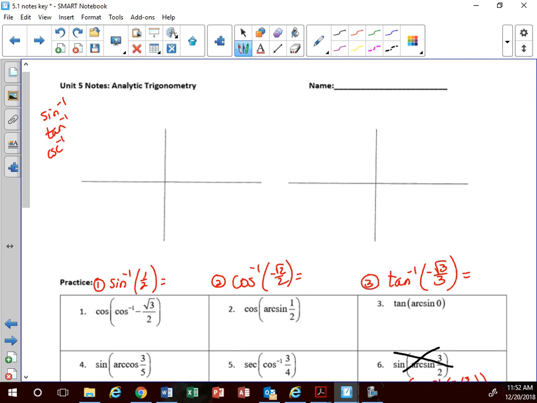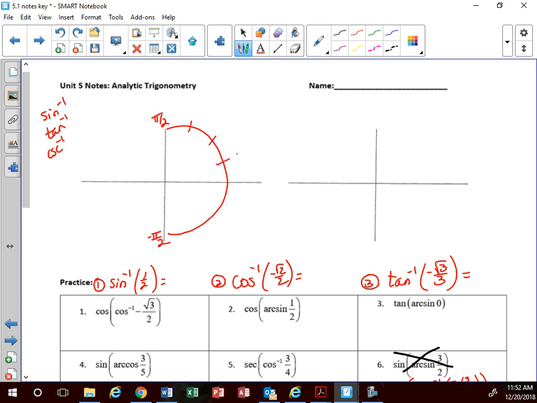So if you are thinking on your unit circle, are we okay with negative pi over 2 is down here, and positive pi over 2 is up here? So if I'm talking about the values in between there, it would be this side of the circle. I'm going to label the things that we know in this part of the circle.